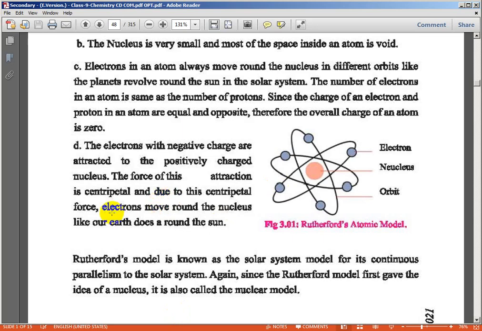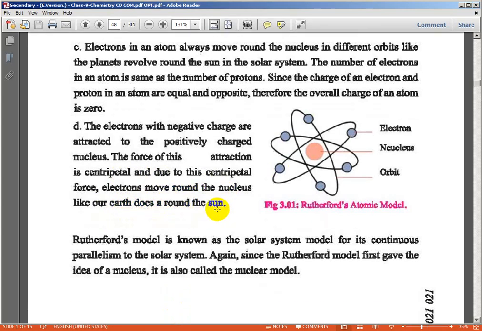This force is called centripetal force. Due to this centripetal force, the electron moves around the nucleus like our Earth does around the sun.